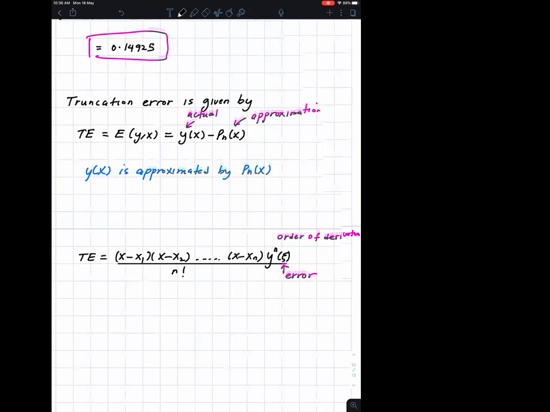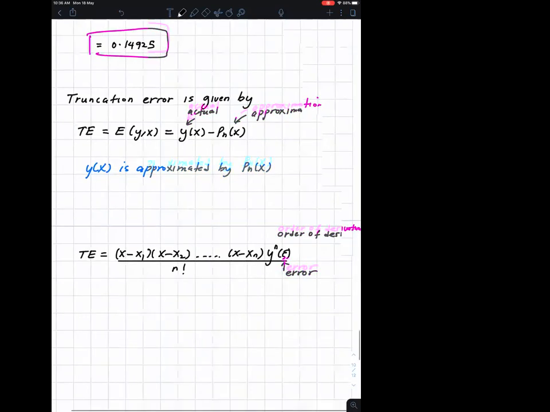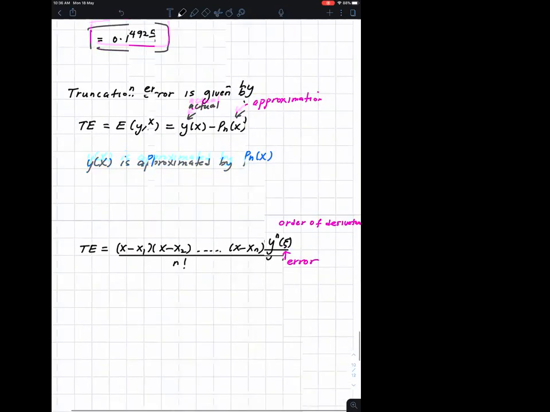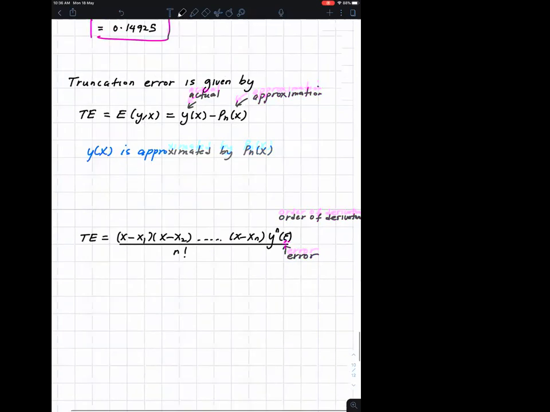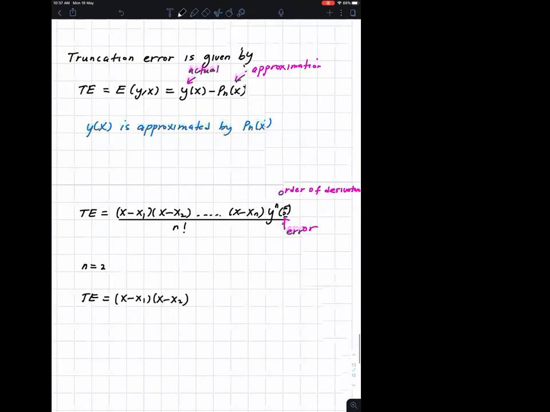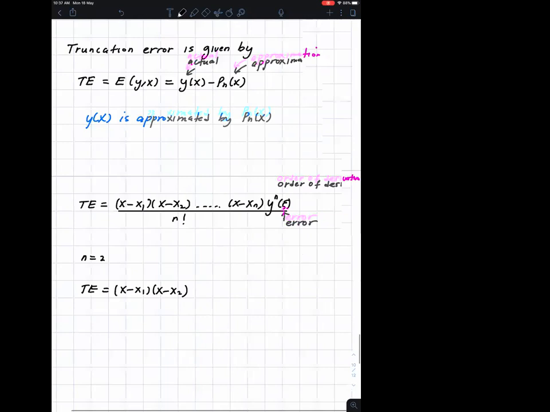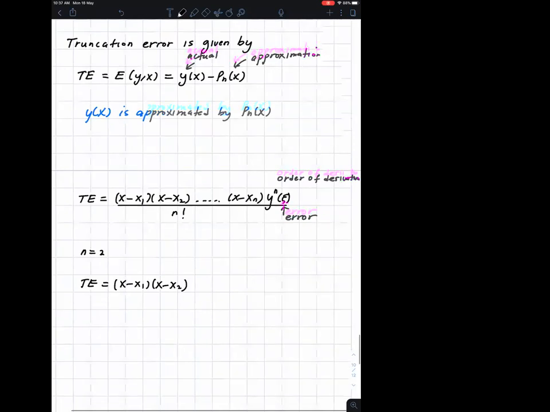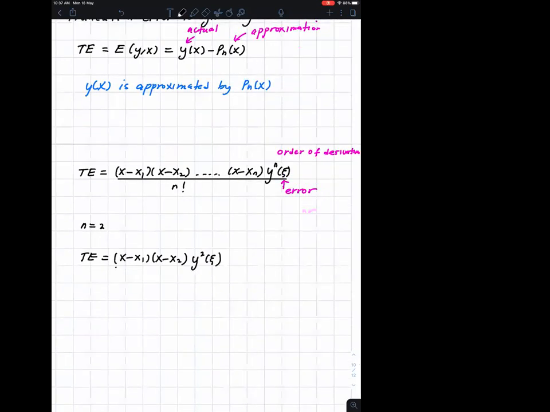So for example, in this case, n equals 2. So your error is going to be TE, this is (x minus x1)(x minus x2) y2 divided by 2 factorial.